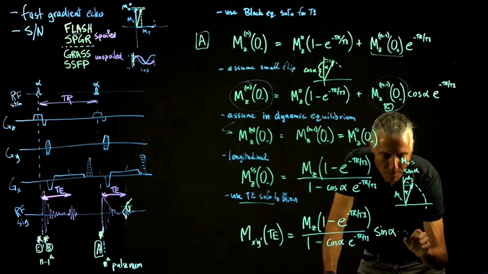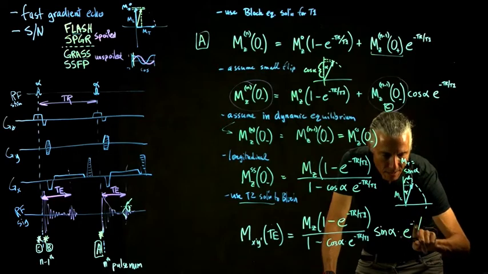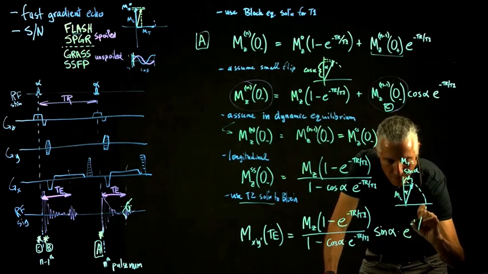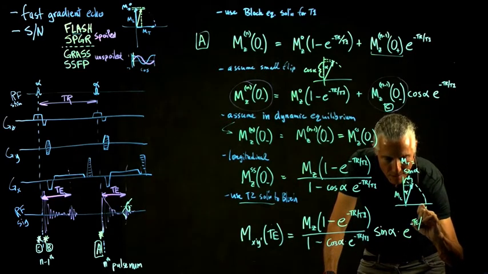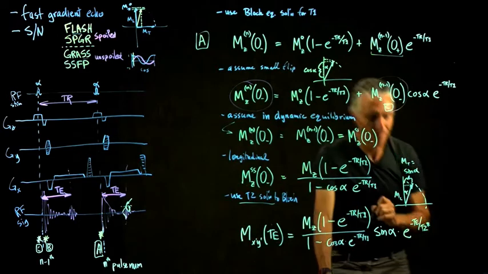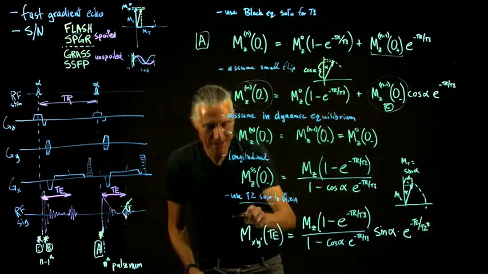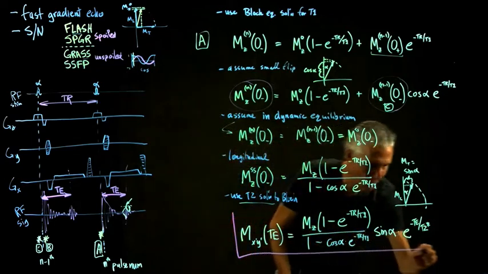And then we have to multiply by e to the minus TE over T2 star, because it's the amount of time we decayed over T2 star, because this is a gradient echo. Okay, so that's our final, useful answer.